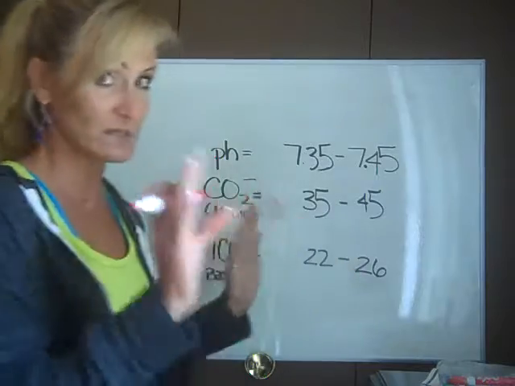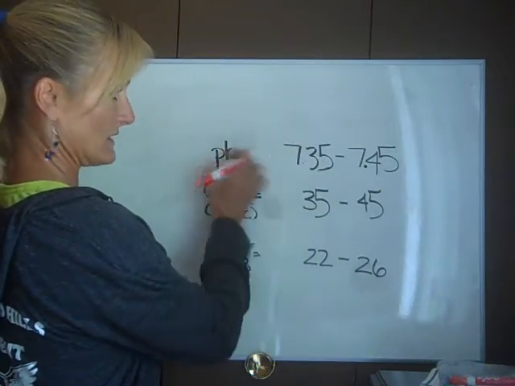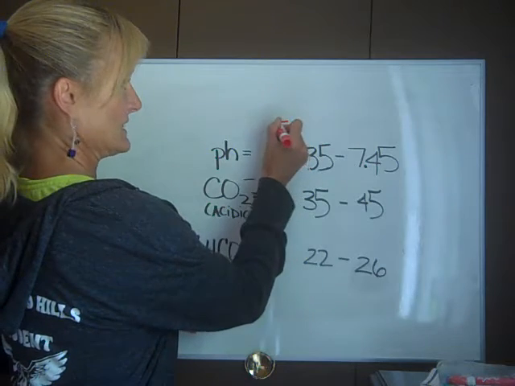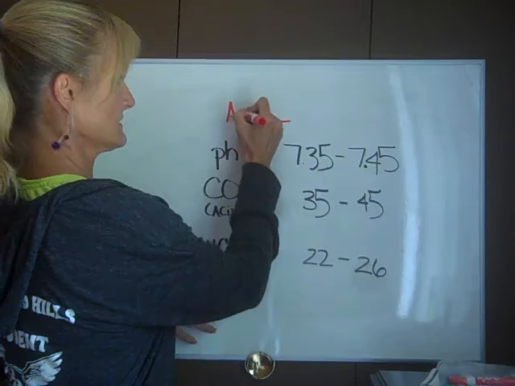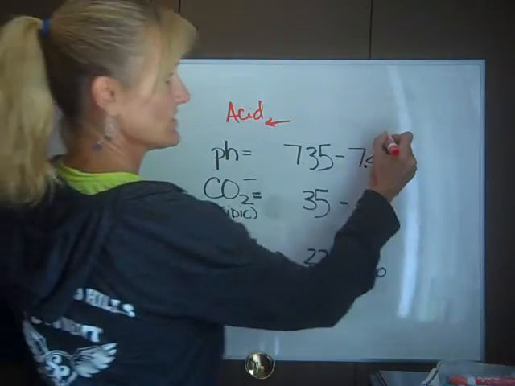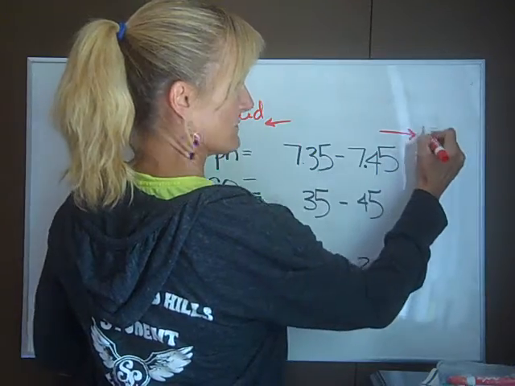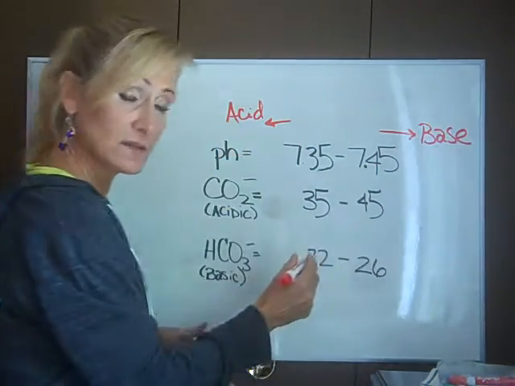It's super confusing. So this way, anything less than 7.35 is considered acidic. Higher than 7.45 is considered more base.